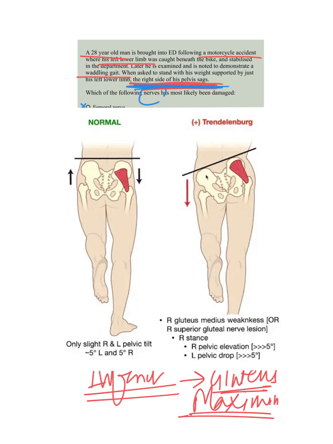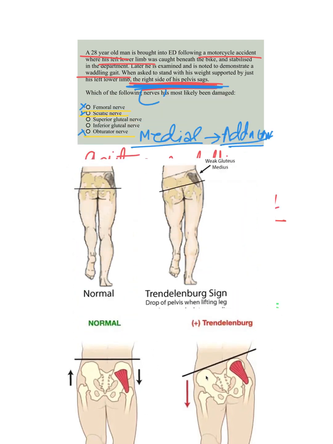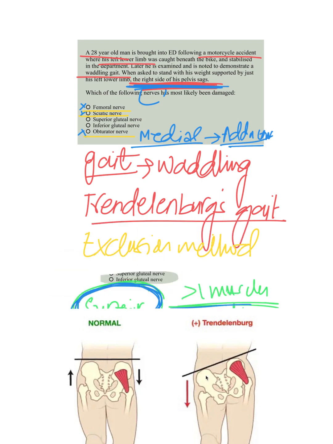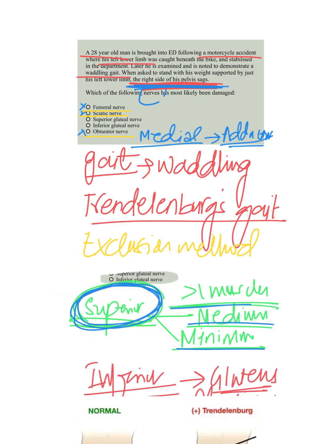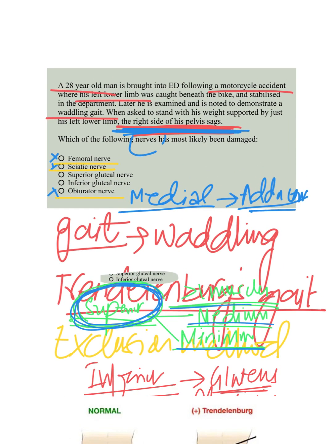Now you know how to approach a question and what Trendelenburg gait is, but it is important that you go and read it in detail. Basically, the gluteus medius and the gluteus minimus muscles are the abductors, and abductors pull something away.